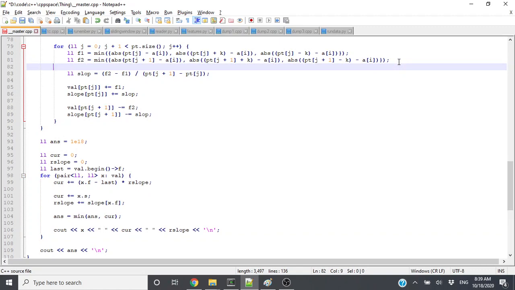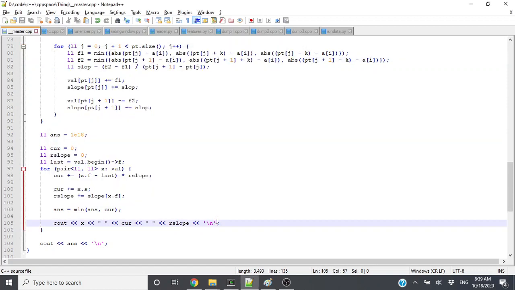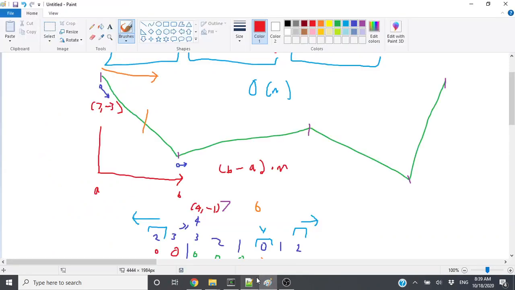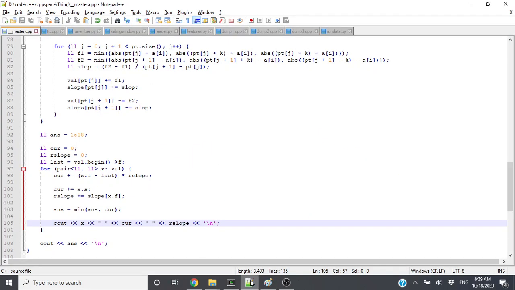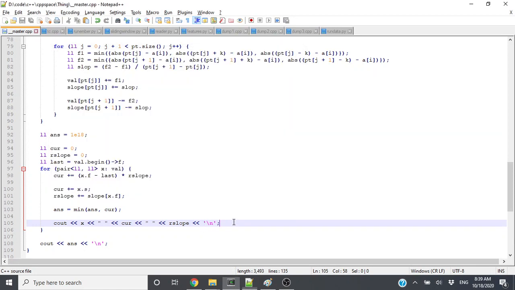Well, yes, it's absolute values, of course. So we have 0, 1, 2, 3, 4. Fine. The concern is that all these slopes are negative for some reason. Don't actually know why. Some of these should be increasing, right?